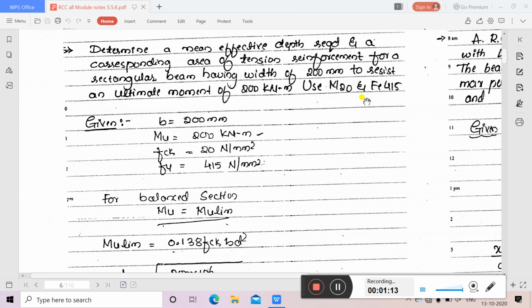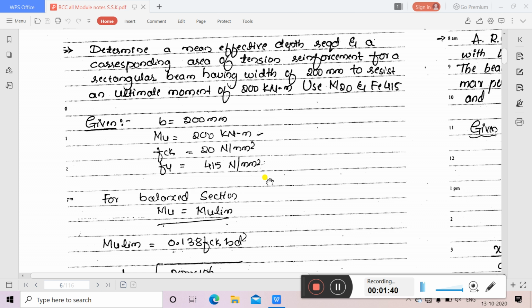Here moment is given, width of beam is given, fck grade of concrete is given, and fy grade of steel is given. Based on that we'll be finding the value of the effective depth of the beam as well as Ast, the tension reinforcement required. This will be our first problem.